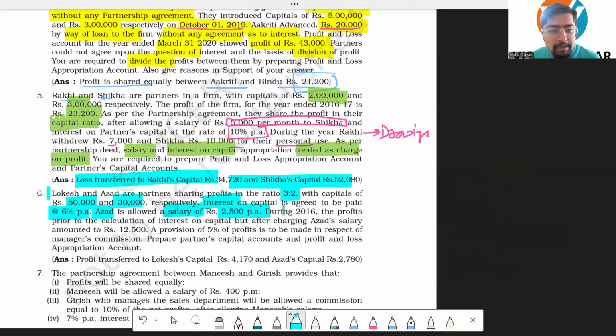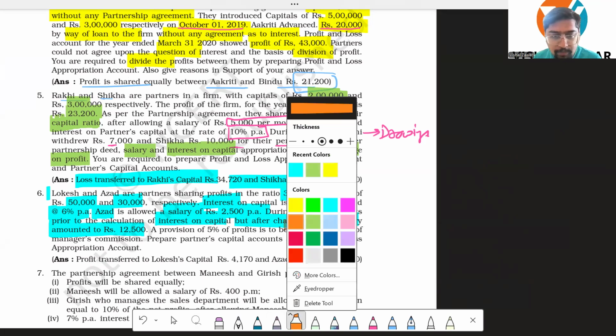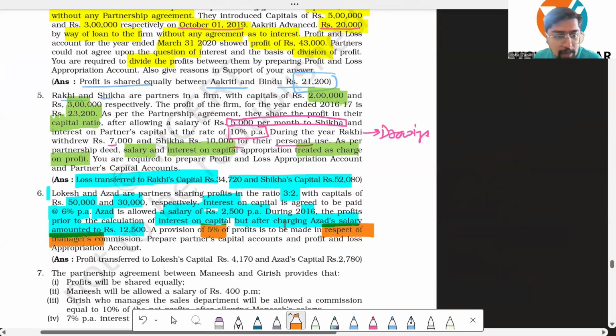Okay. Then in this year, the profits prior to IOC, but after charging Azad's salary, means already Azad's salary is deducted, expenses booked, and after that you are left with a profit of 12,500. Okay. The provision of 5% is to be made in respect of manager's commission.